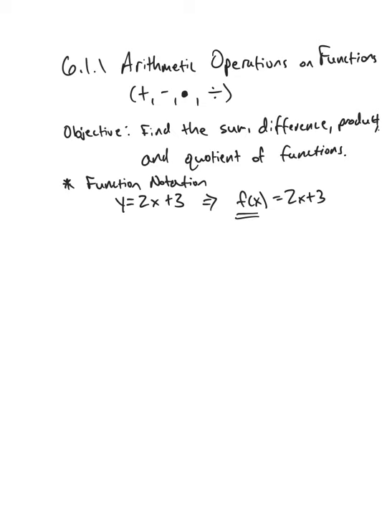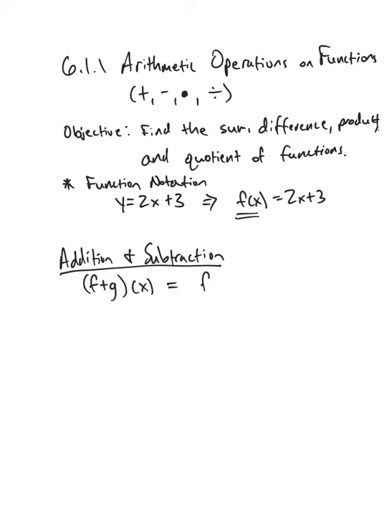We're going to start with addition and subtraction. We're going to do these two operations first. Just a quick note, if we're adding two functions, f and g, they're both functions of x, we're going to take the f function and add the g function to it.